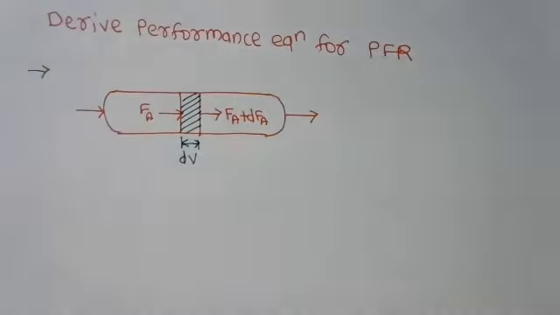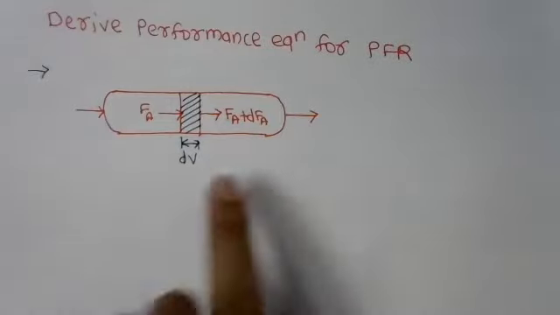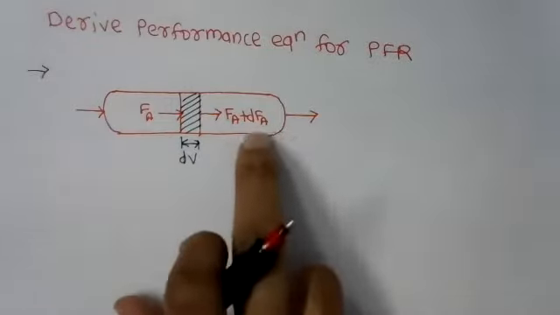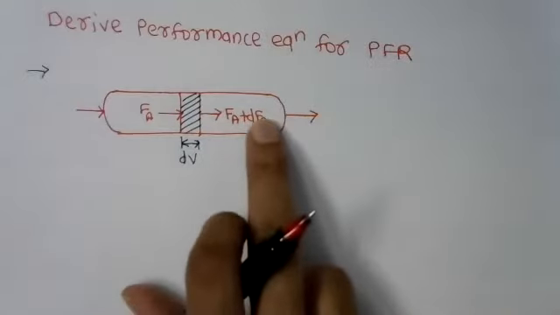I hope you have studied variable volume reaction. Say, for example, a decomposition reaction where the number of moles of the products is more than the number of moles of the reactant. In that case, the molar flow rate will increase, so dFA will be positive.